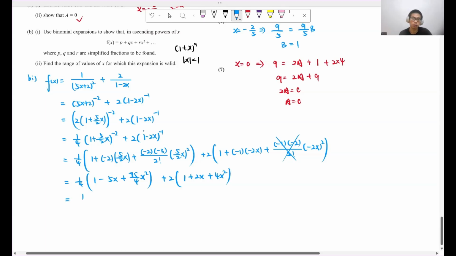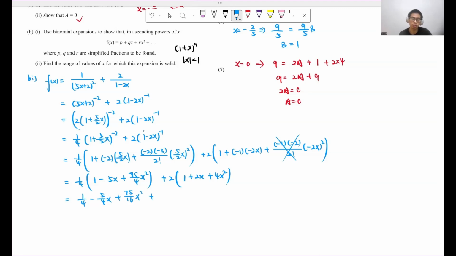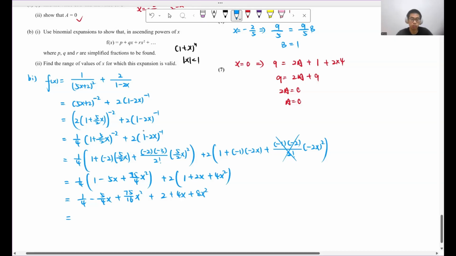So expand it out, so that'll be 1/4 minus 5/4 x, and then plus 75/16 x squared, and then plus 2 times 1 is 2, 2 times 2x is 4x, and 2 times 4x squared is 8x squared. So 1/4 plus 2 is 9/4.